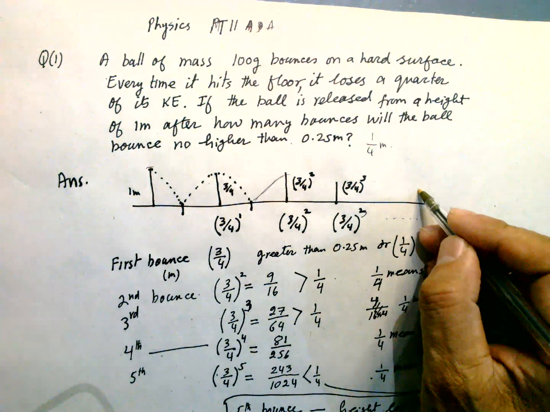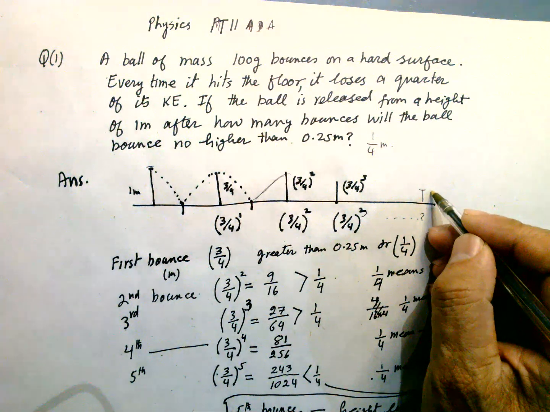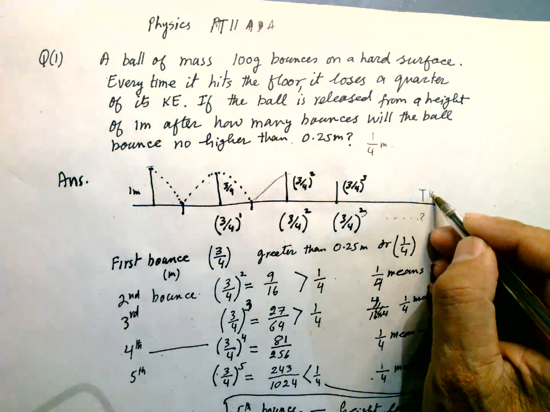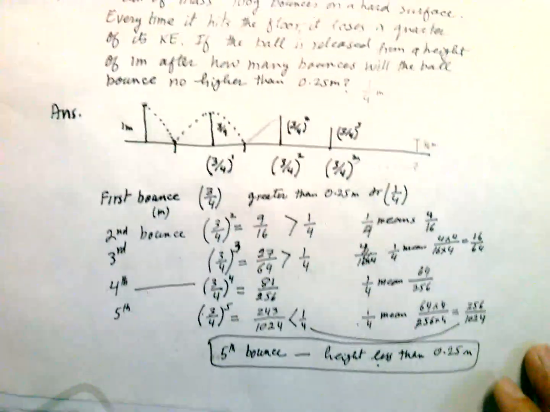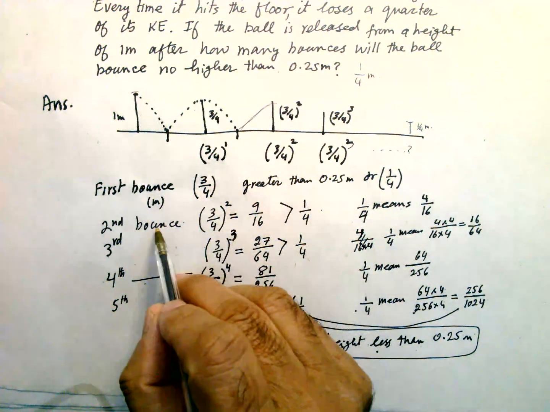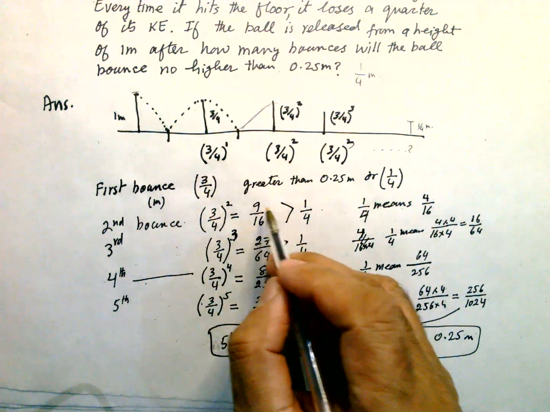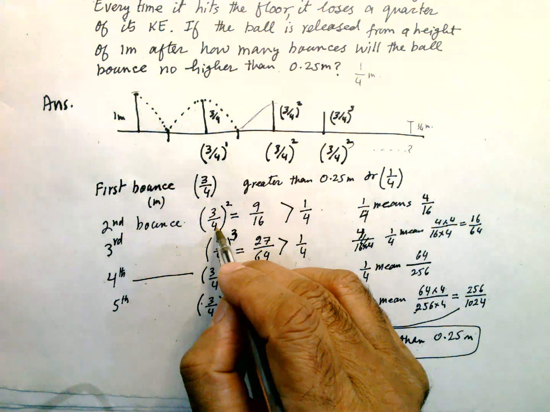And so we have to find the bounce number when its height is 1 over 4 meter. The first bounce is 3 by 4. Second bounce is 3 by 4 raised to power 2, and this is 9 by 16.